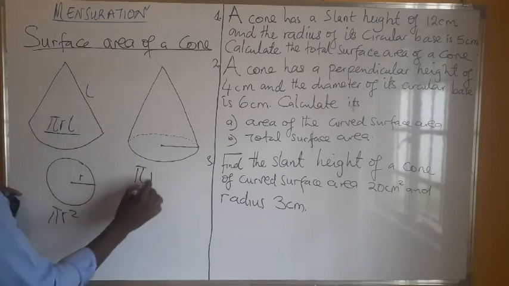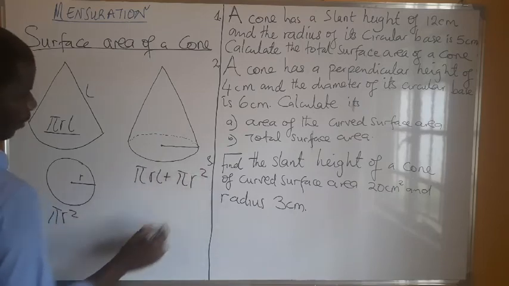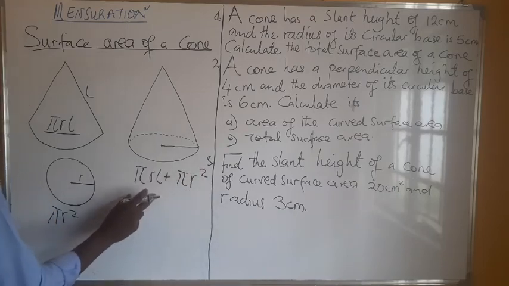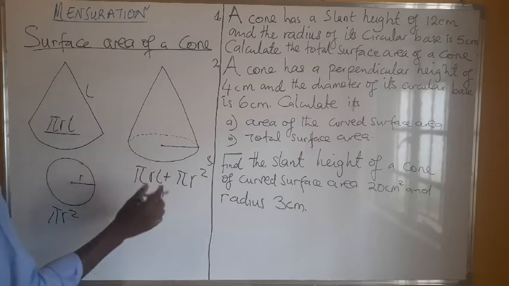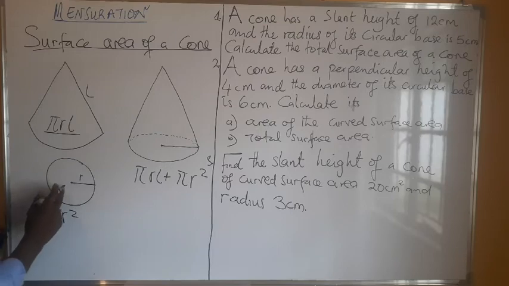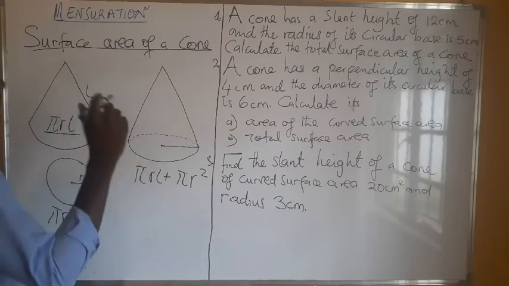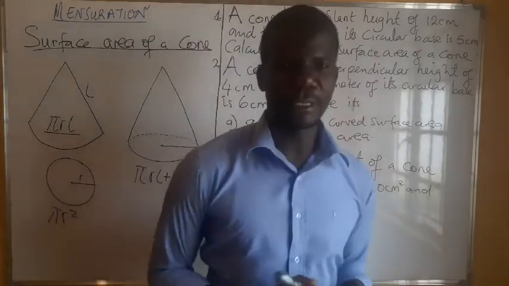We're going to have the area of the curved surface plus the area of a circle. Because these are the two shapes, these formulas are coming from these two shapes that form the cone. So this is the formula that we use to find the total surface area of a cone. We use this formula that I've written down here.